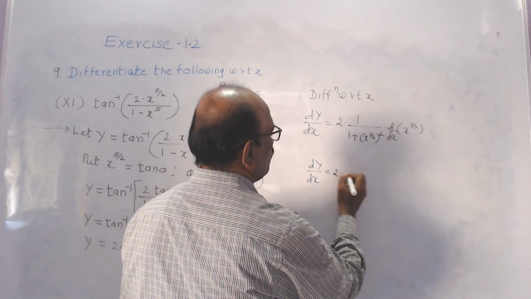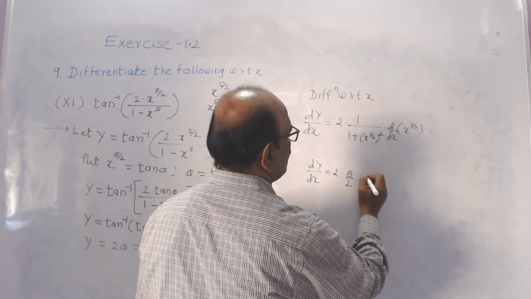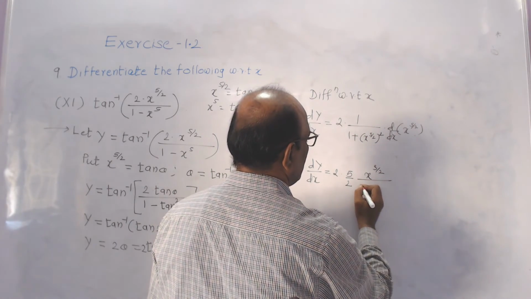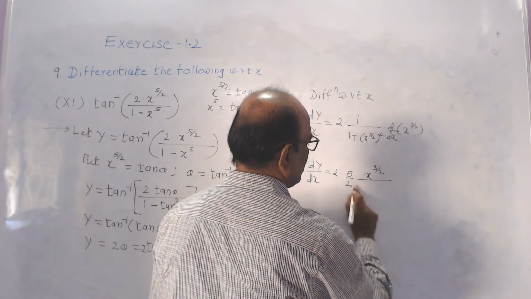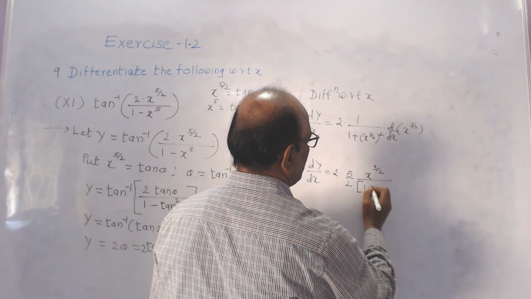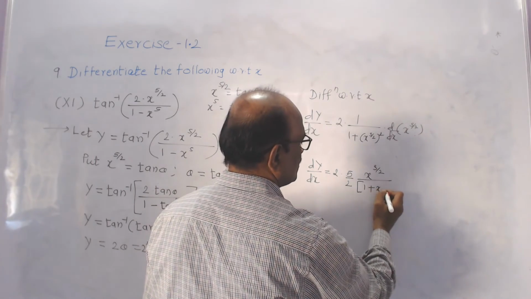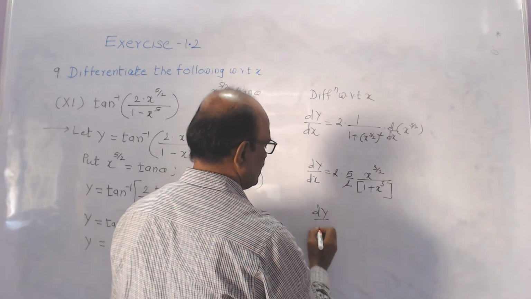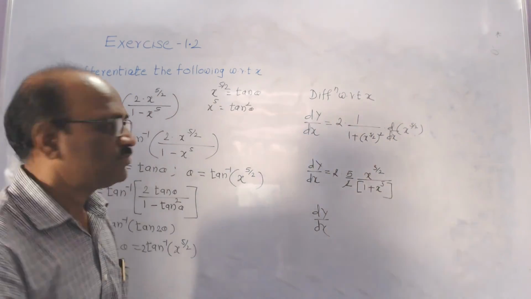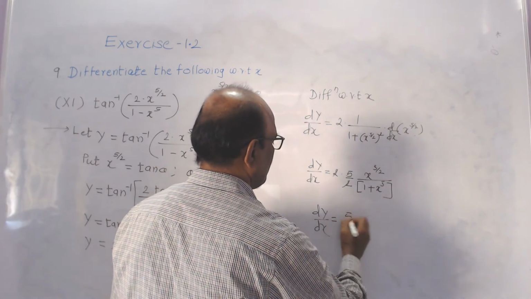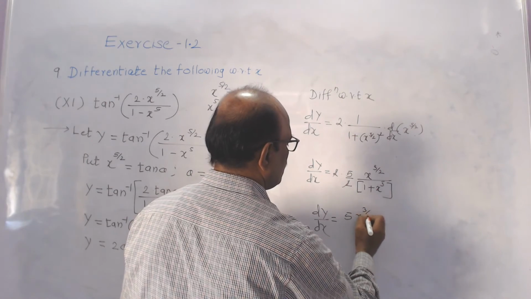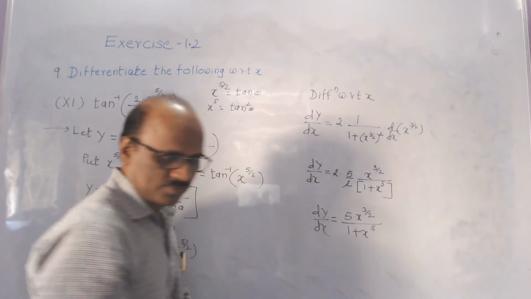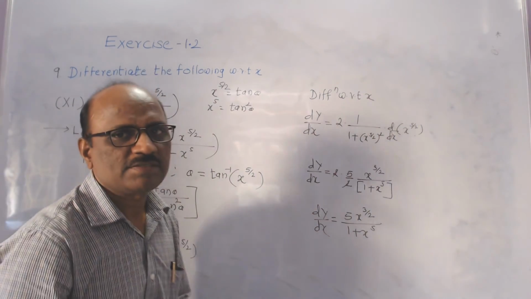Therefore here 2 into 5 by 2 into x raised to 3 by 2 upon, in bracket, 1 plus (x raised to 5 by 2) bracket square means what? x raised to 5. Now here 2 get cancelled, and hence dy by dx is equals to 5 into x raised to 3 by 2 upon 1 plus x raised to 5, and this is the answer.